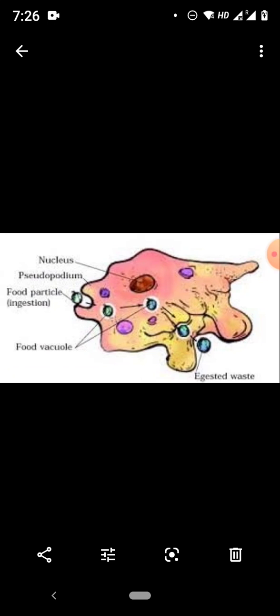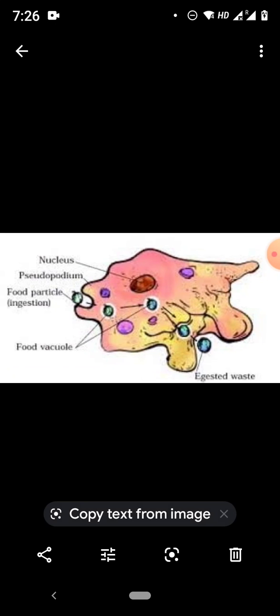Next is the amoeba. Amoeba is a unicellular organism made up of a single cell, only seen through the microscope and found in pond water. Children, the most amazing thing about amoeba is that no digestive system is there, but still digestion takes place.